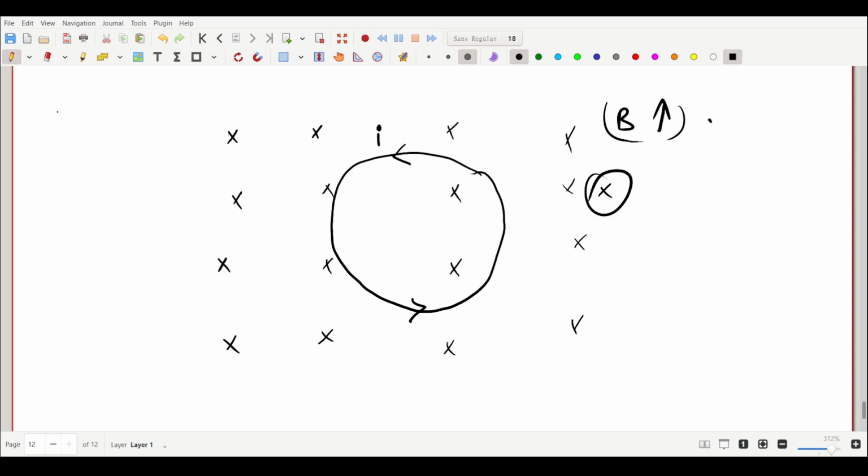Source magnetic field is inward. So current has two options: either it produces a magnetic field inward or outward, but it is going to choose the opposite one, outward. And this is why the current will flow in the loop in such a way that the magnetic field produced will be outward.